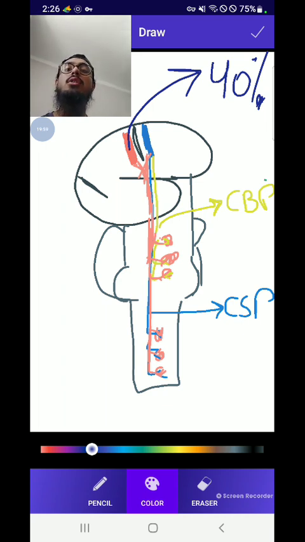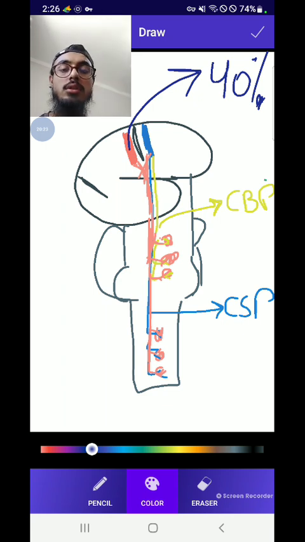This is present in the parietal lobe. I hope you all understand my video. Please make notes in a proper form. I explained the clinical relations of these pathways. Also I explained the somatotopy, which is the sensory homunculus.